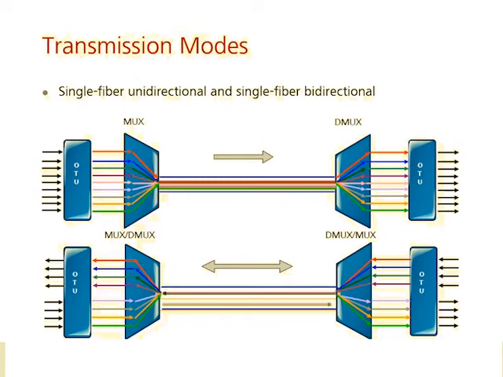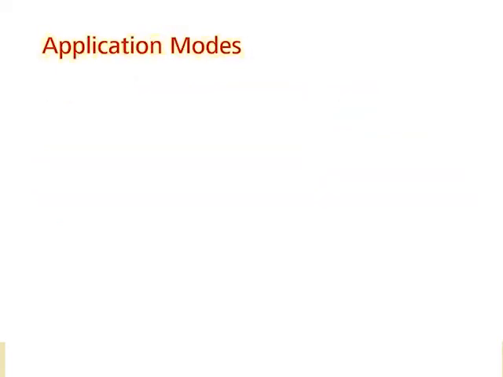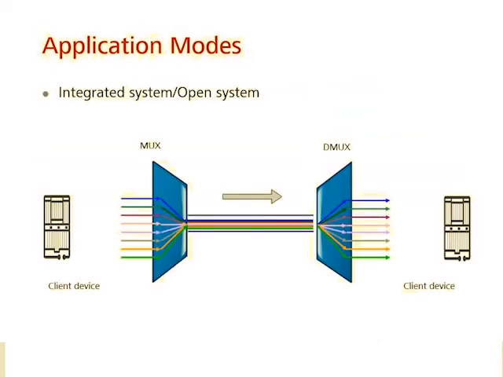Okay, these are two different applications, and we also have two different application modes. The first one is the integrated system. Also, we have the open system. The integrated system is widely used in our network. The integrated system does not have any requirement about the client device or client customer.